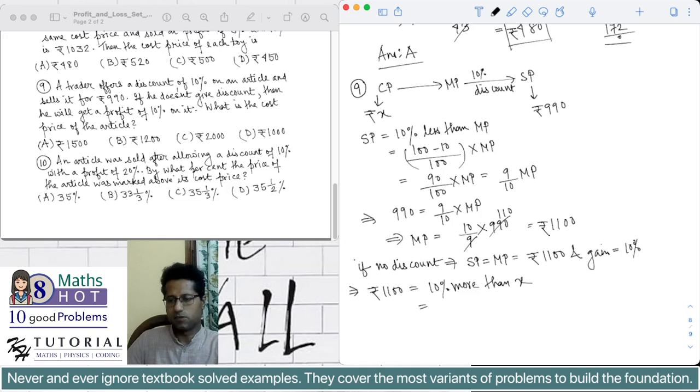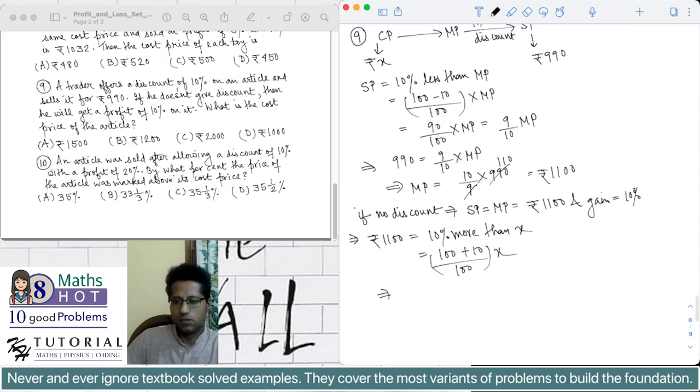Now 10% more than X means 100 plus 10 divided by 100 multiplied by X. This is equal to 110 by 100 X, which is equal to 11X by 10.